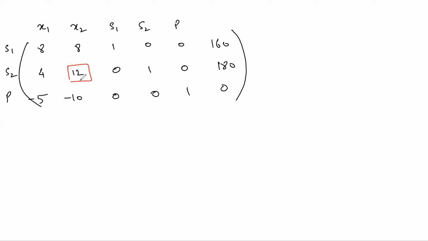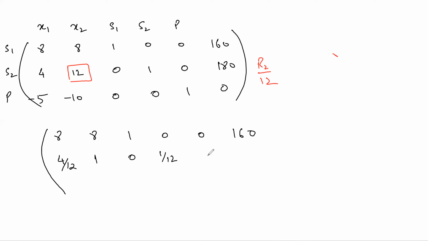Now we will convert this pivotal element into 1. So we will divide this complete row 2 by 12. If we divide it by 12, what do we get? Row 1 stays 8, 8, 1, 0, 0, 160. Row 2 becomes 1 by 3, 1, 0, 1 by 12, 0, and 15.